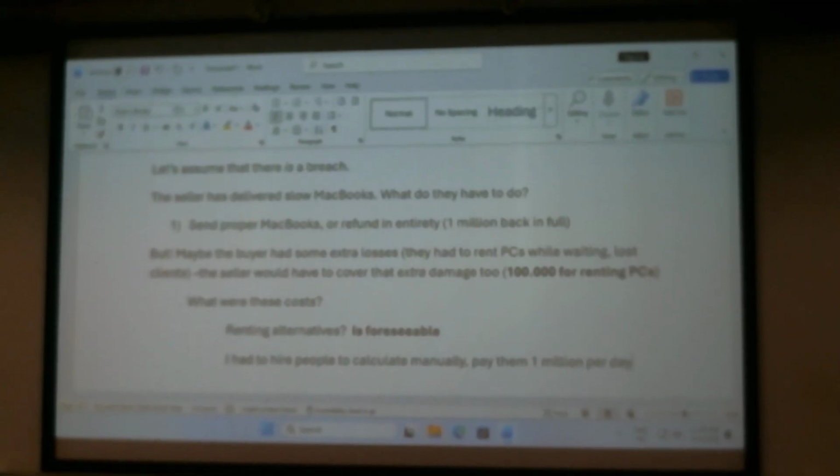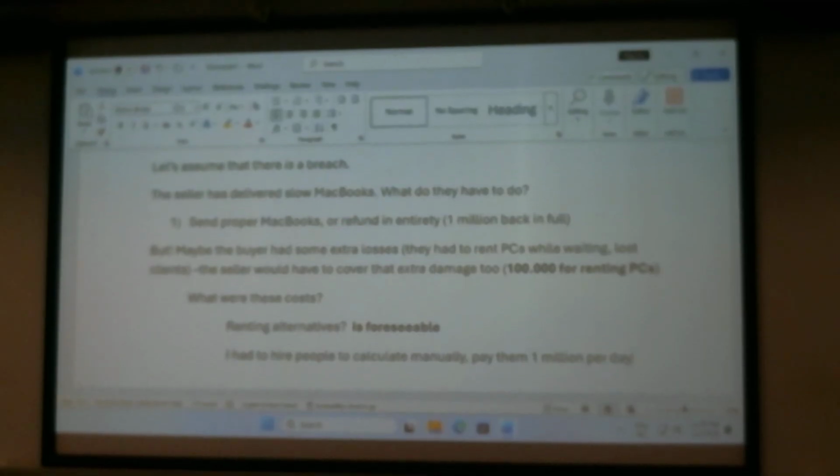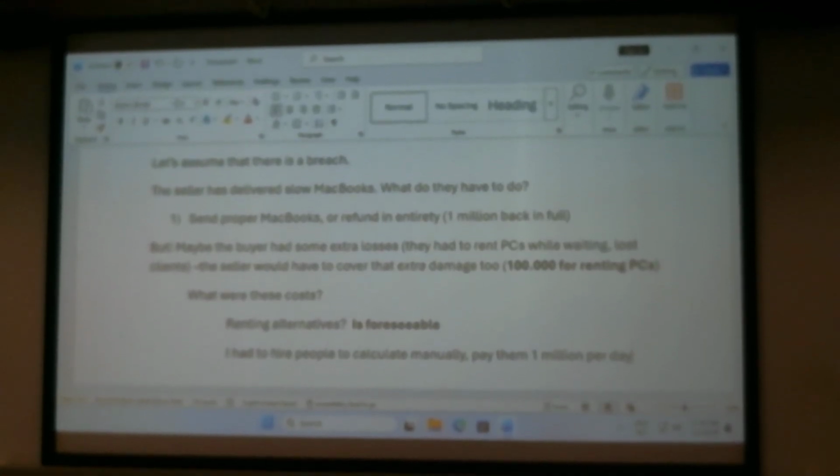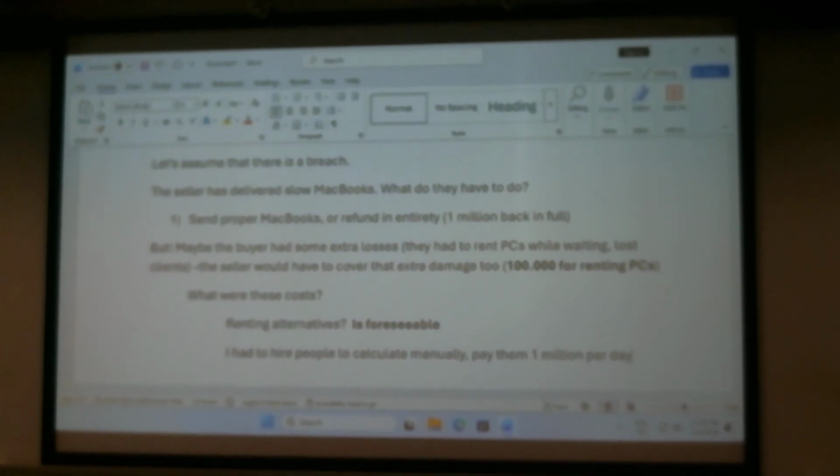Or say you're selling pickaxes to someone, Minecrafting, right? And the delivery is late. Fine. In the meantime, somebody discovers gold under the house. And then they're claiming, oh yes, had you delivered this in time, I would have been able to dig and actually get to this gold.